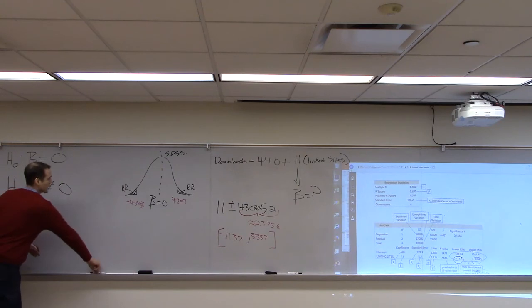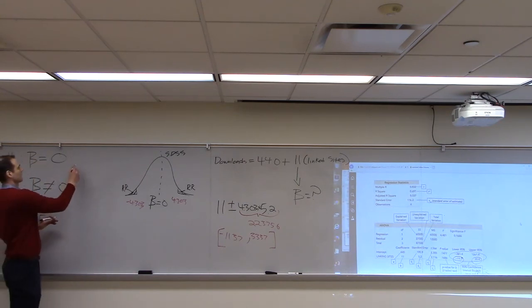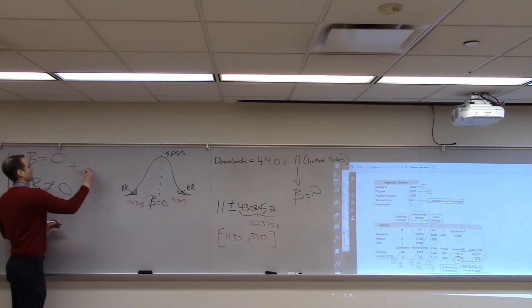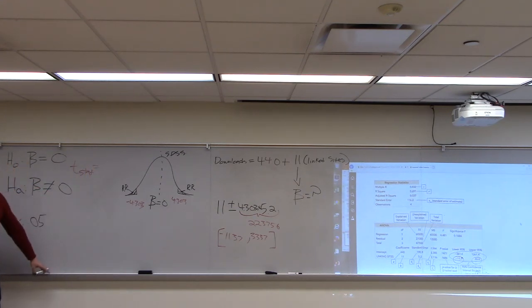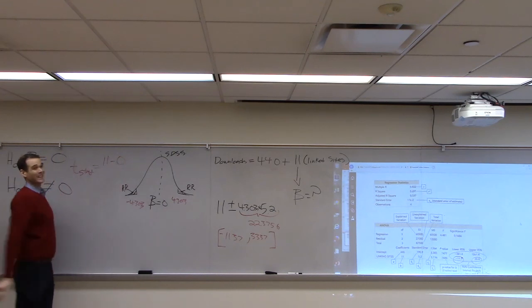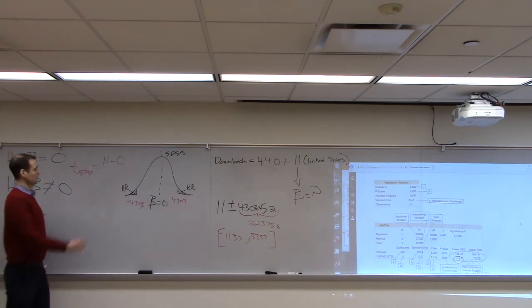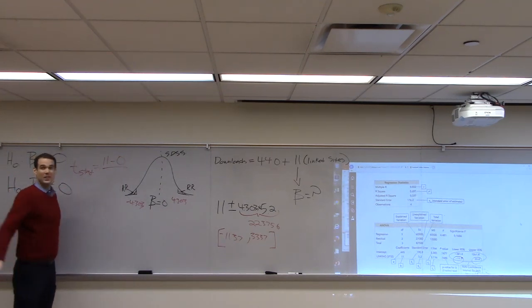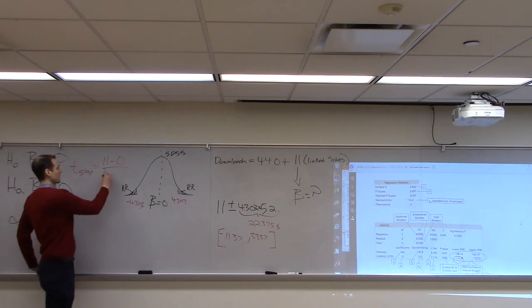Let's get that test statistic. That is our t-stat. How do we calculate that? What's that equal to? B minus 0. Our sample slope of 11, we want to know how different that is from 0. Particularly, we want to know how many standard errors of difference it is.